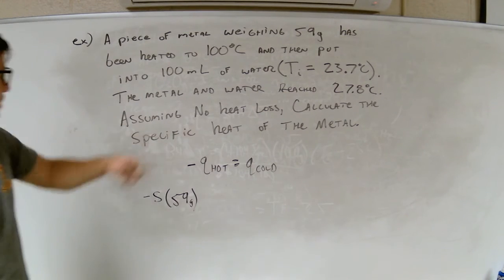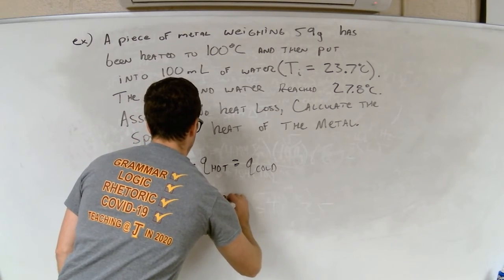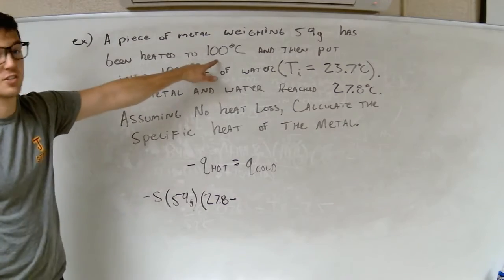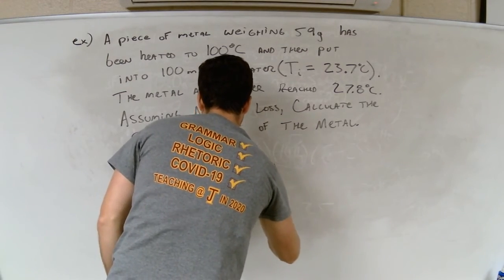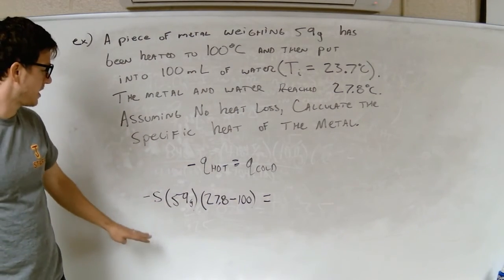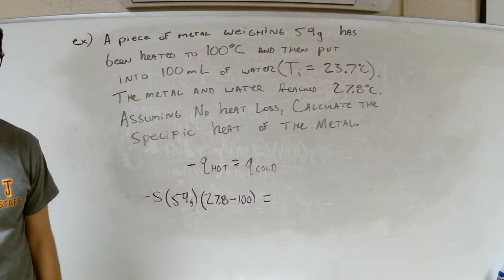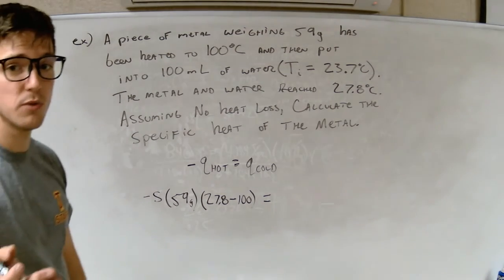Temperature final, we know, was 27.8. And we know temperature initial of the metal was 100. So that takes care of our hot side. Negative S times mass times change in temperature, equal to Q of the cold, right?